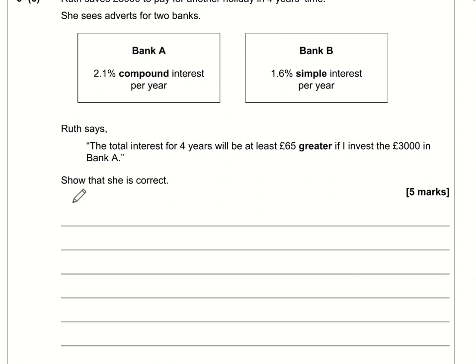Now 2.1%, what is the multiplier for 2.1%? Well, 2.1 divided by 100 is 0.021. Now this is the multiplier that we would use in order to calculate 2.1% of an amount. But if you want to increase by 2.1%, we add 1 to this figure. So 1 plus 0.021 is 1.021.